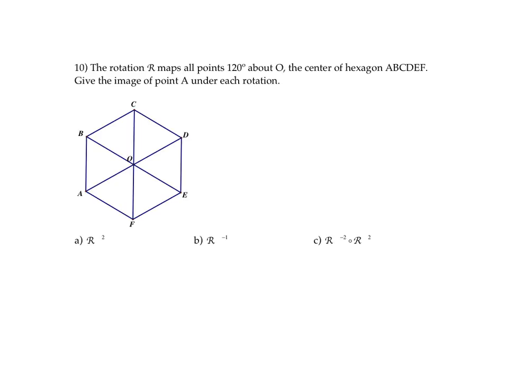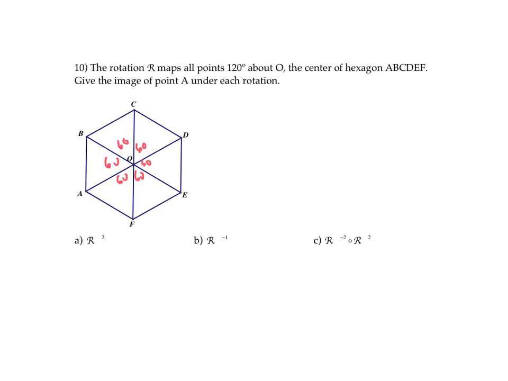All right, in our last example, it says the rotation R maps all points 120 degrees about O, the center of hexagon ABCDEF. This is a regular hexagon, so all of the sides are equal, and all of these angles at the center, O, are going to be equal. They're all going to be 60 degrees, because 360 divided by 6 gives us 60 degrees.